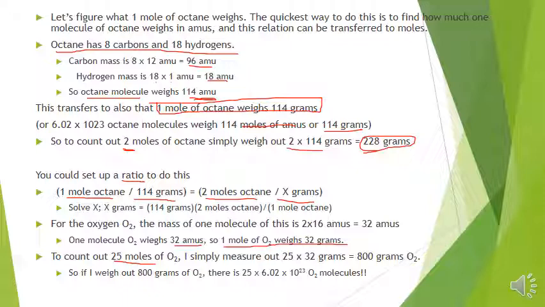I weigh out 800 grams. So if I want to do this experiment, I take 2 moles of octane, which is 228 grams, and add it to 800 grams of oxygen, which is 25 moles, and that'll be the exact relationship between the amount of octane and oxygen I need for this experiment.